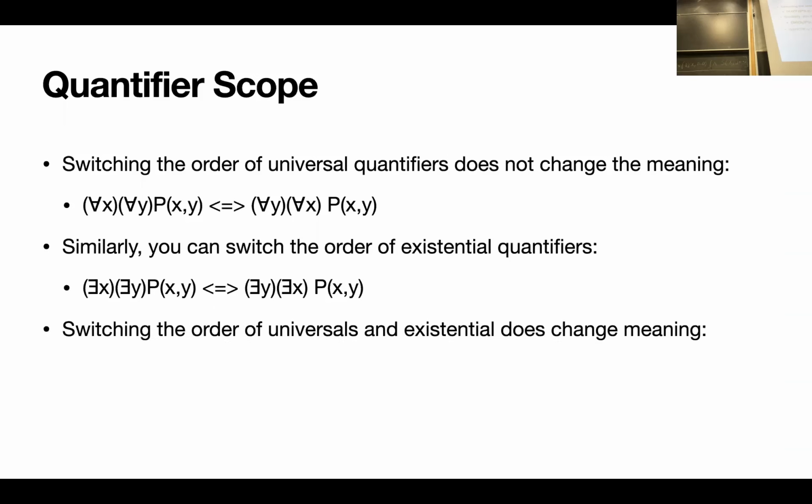But if we switch the order of a universal with an existential, that changes our meaning. So for example, if we say for all x, there exists a y such that likes of x y, that means that everyone likes someone.